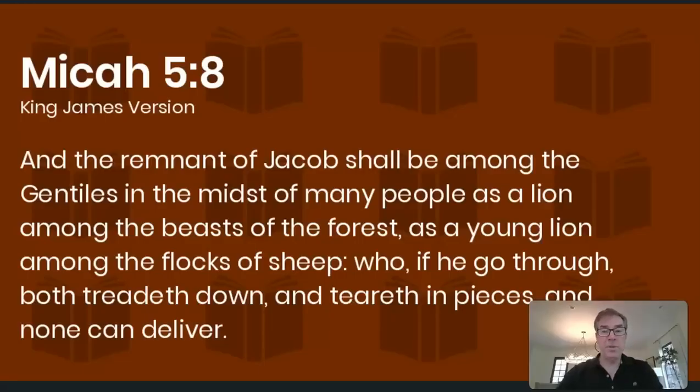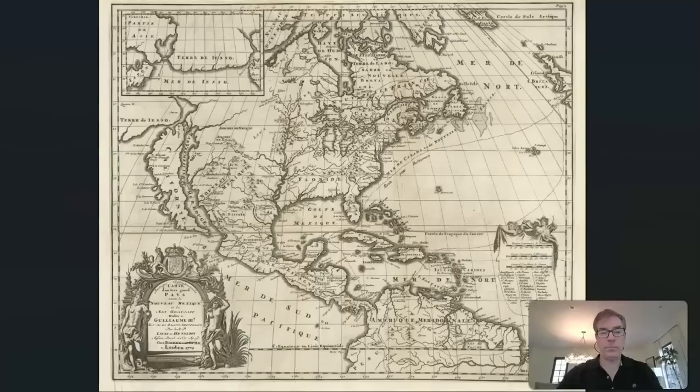And specifically, it shows that the land of Jacob, the remnant of Jacob, at that time would be in the midst of the nations. And that Mount Zion is situated in the north, on the sides of the north. So with that thought, let's continue looking at these old maps.